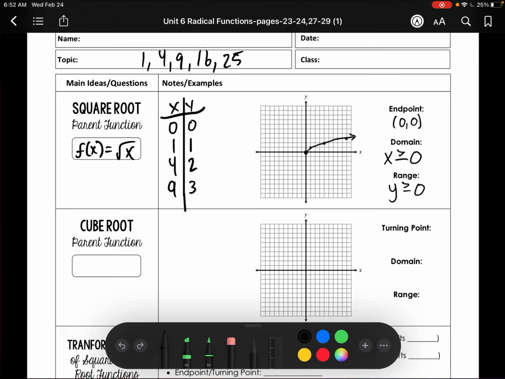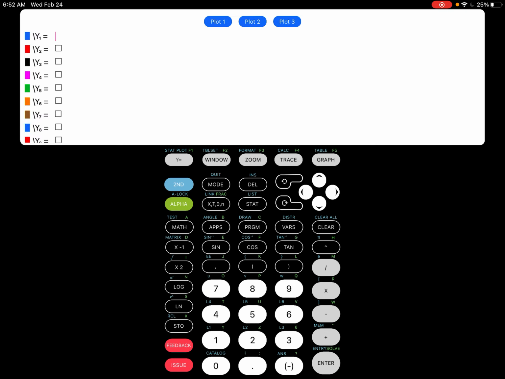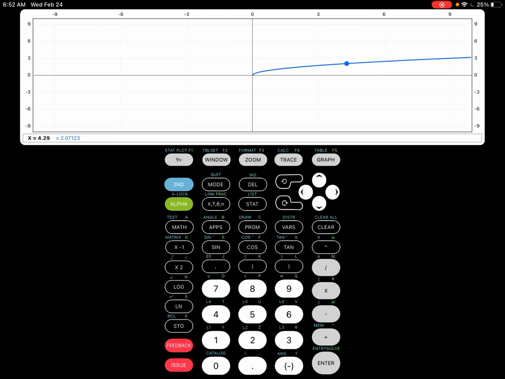So all our outputs are going to be positive. If you wanted to graph this on your graphing calculator, you would click y equals, then click second and the x squared button, which brings up the radical. Then you type in x and click graph, and there's the graph. Mine looks a little warped because it's really stretched out.